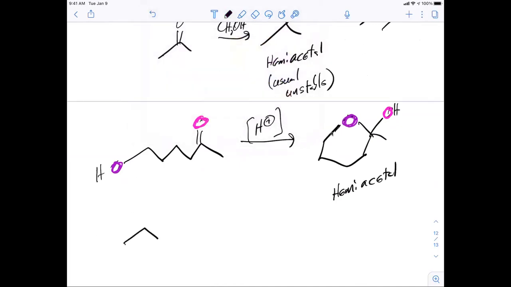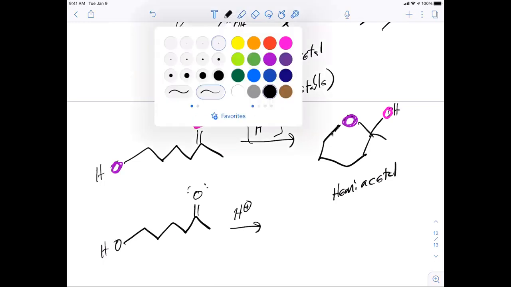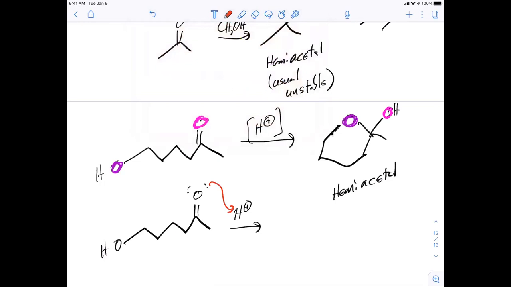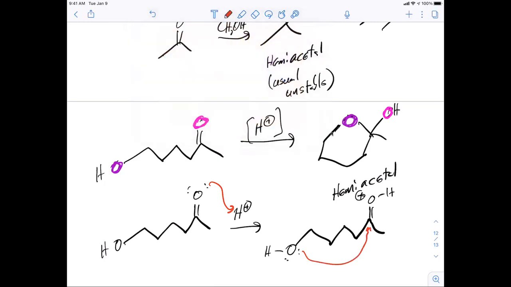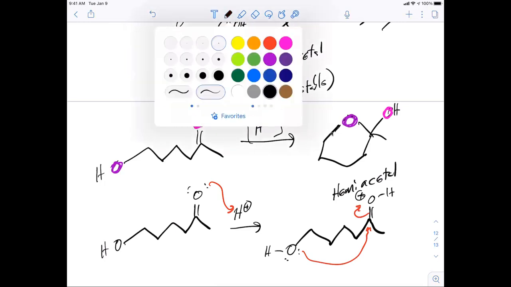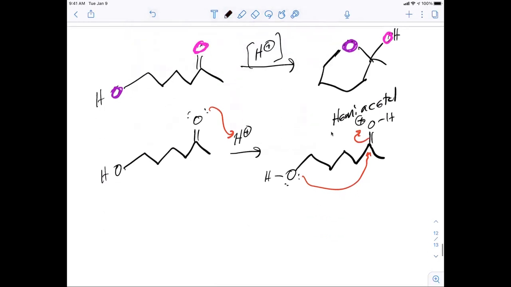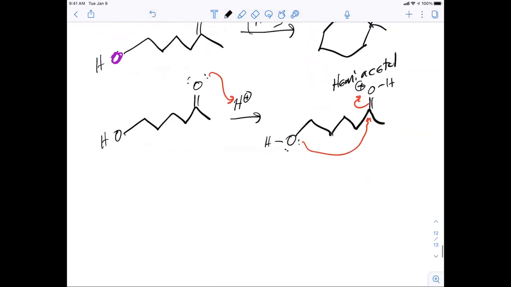So we can think about it this way. Let's go ahead and show the mechanism. Right, since we're in acid, we'll go ahead and protonate first. So we'll get a proton transfer. It's going to pick up that proton. Give us this species with the positive here. We got the oxygen lone pair, right? Then this is going to react here. And that forms our ring.